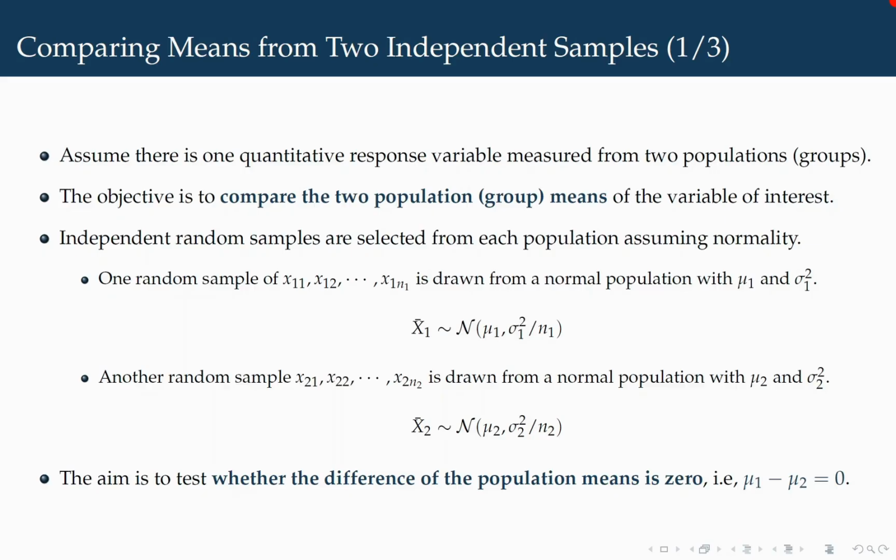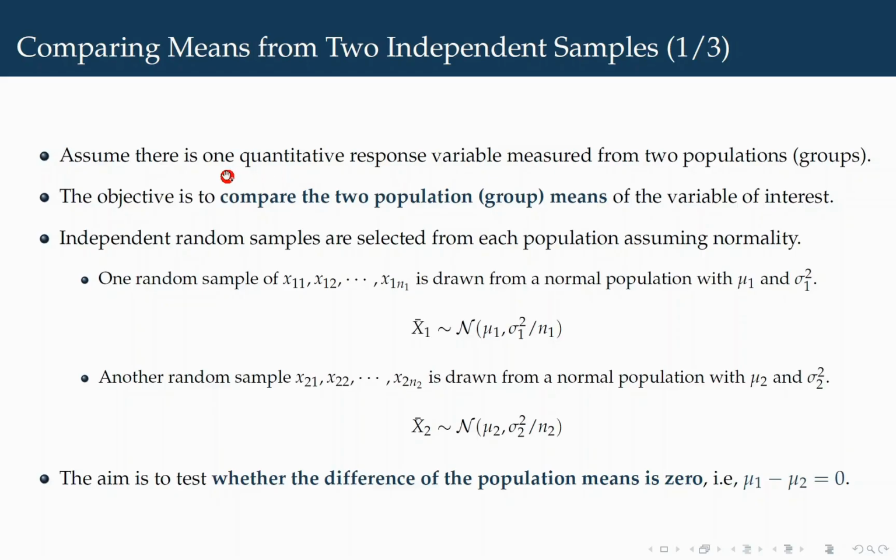The comparison of two population means from independent samples arises when we have one quantitative outcome variable of interest measured from two different groups or populations. Here there are two types of variables, one quantitative and the other qualitative.